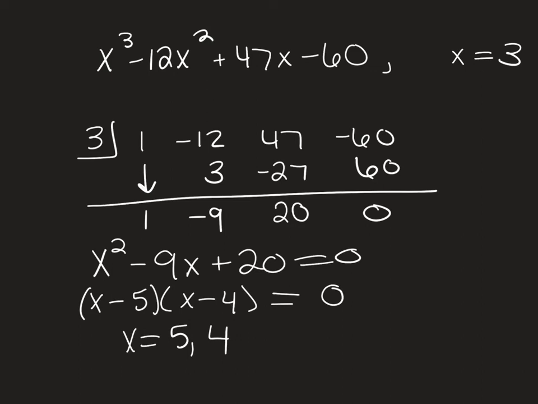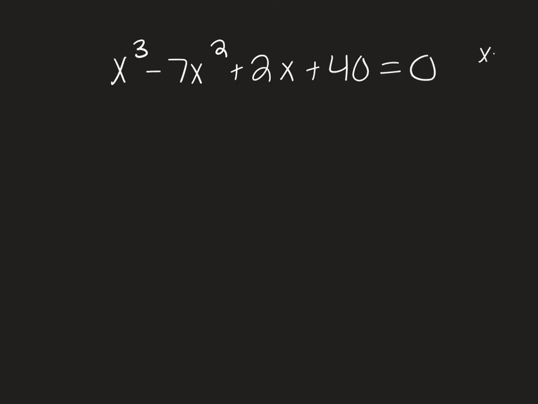Okay, number 5. We have x to the third minus 7x squared plus 2x plus 40, and x equals 5. So we have 1, negative 7, 2, and 40.